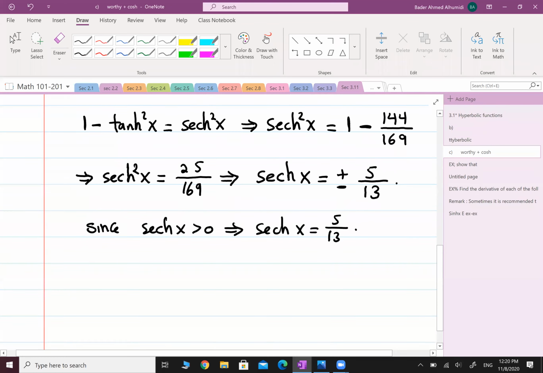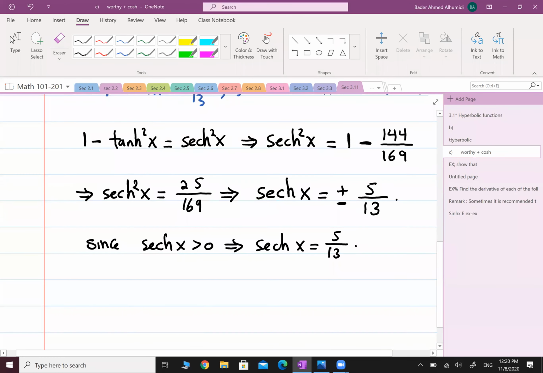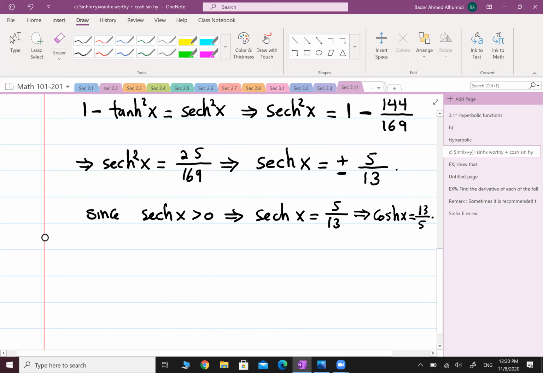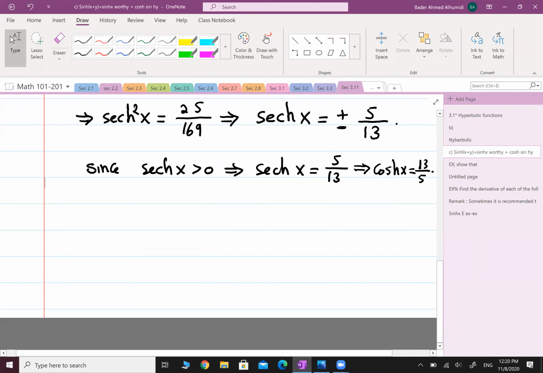Now I have options: either find the cosine and from it find the sine, or directly, since I have the tangent and the cosine, I can also find the sine from it. It's up to you. From here, hyperbolic cosine of x equals 13 over 5. Now I go to the basic, very important identity: cosine hyperbolic squared of x minus hyperbolic sine squared of x equals 1.